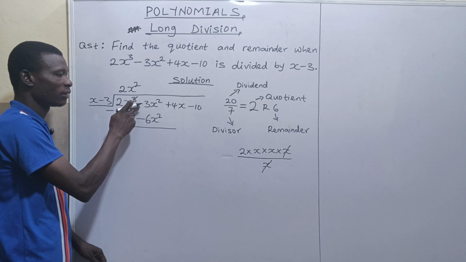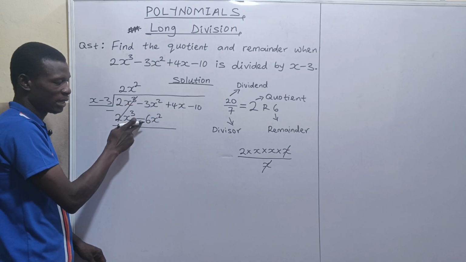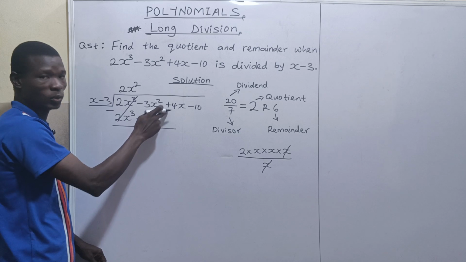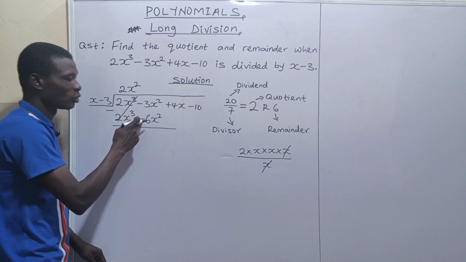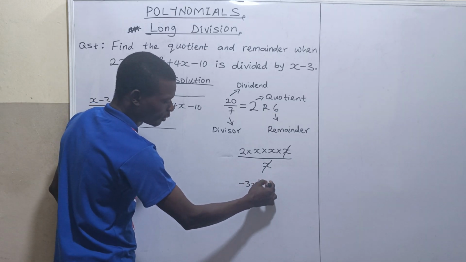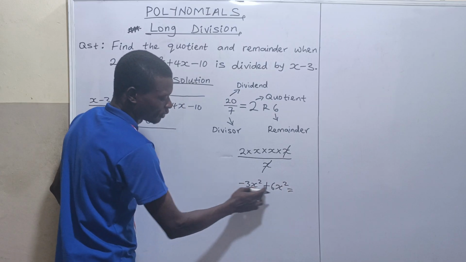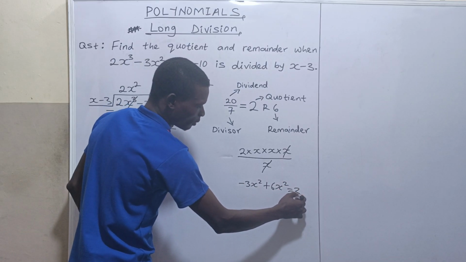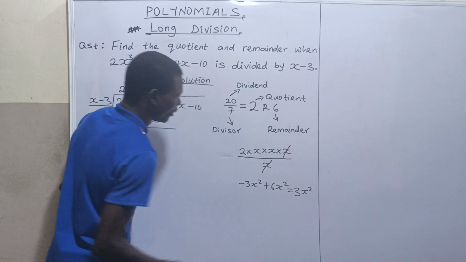Then we have negative 3x squared minus negative 6x squared. Minus times minus here is plus. So we'll be having minus 3x squared plus 6x squared. Minus 3 plus 6 is going to give us positive 3, and of course, the variable with it is x squared.